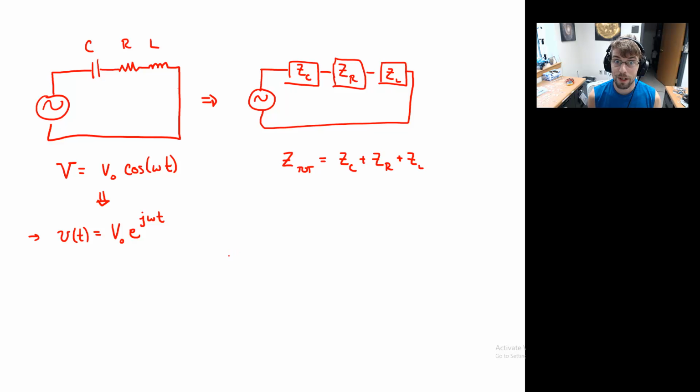And so the current running through the circuit as a function of time will simply be V naught e to the j omega t divided by Z_C plus Z_R plus Z_L.